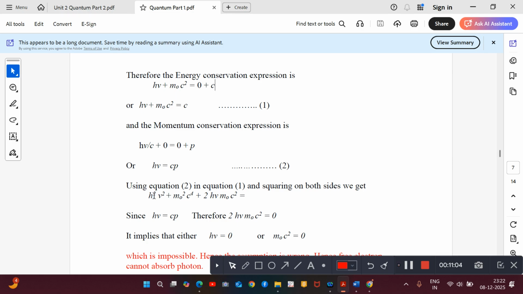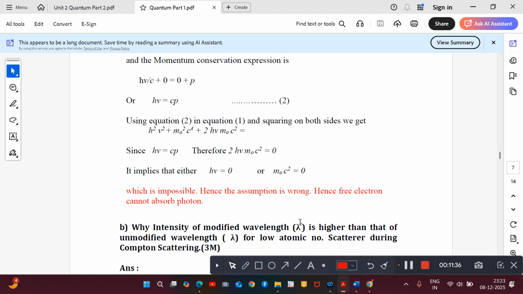If you put the values, using equation 2 in equation 1 and squaring on both sides, you will get h square nu square plus m0 square c to the power 4 plus twice h nu m0 c square equal to 0. Since h nu equal to cp, therefore 2 h nu m naught c square equal to 0.